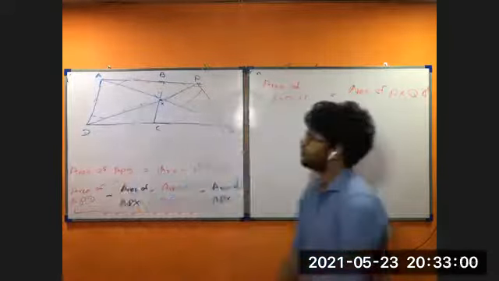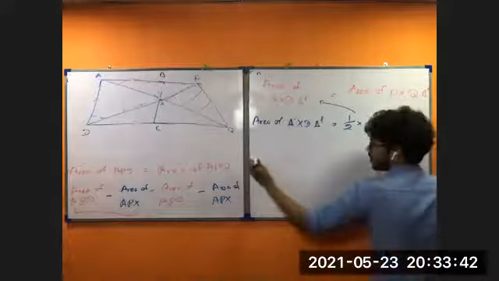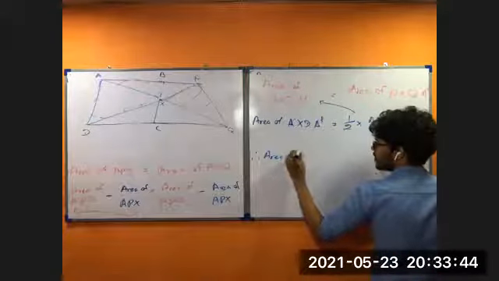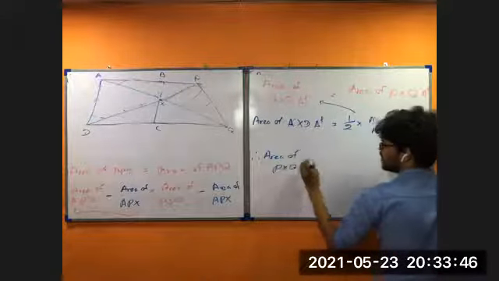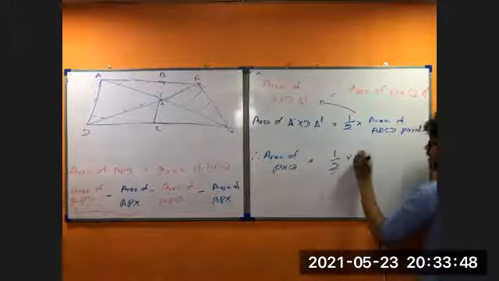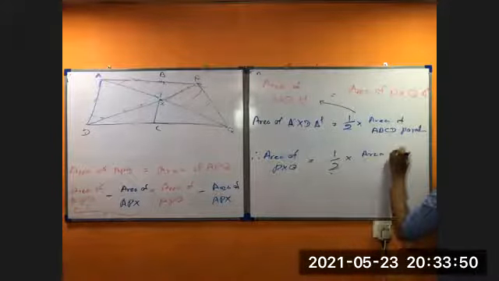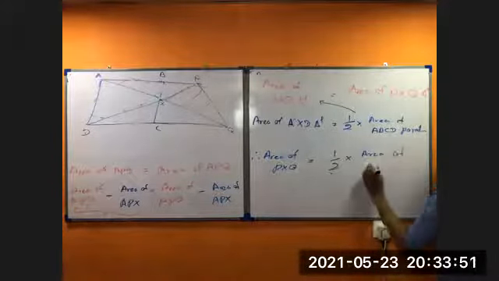So here you can substitute this and say, therefore, area of PXQ is equal to half the area of ABCD parallelogram.